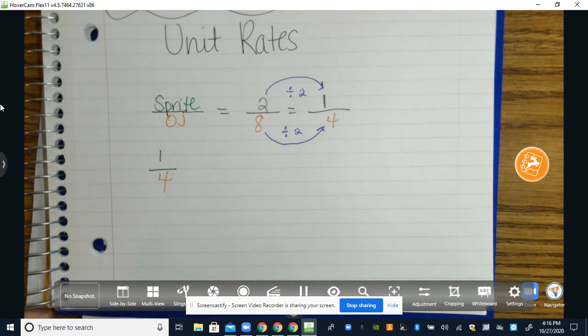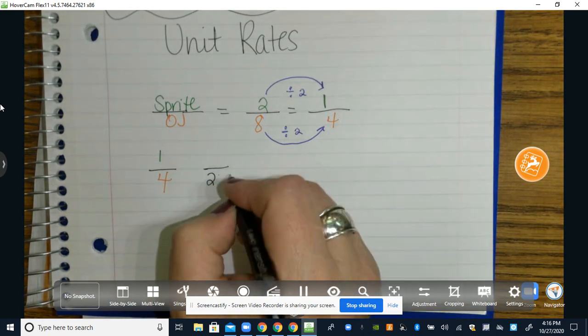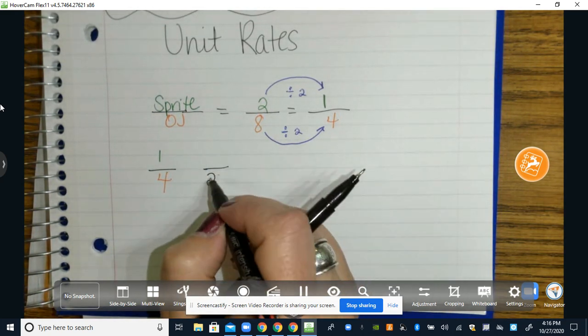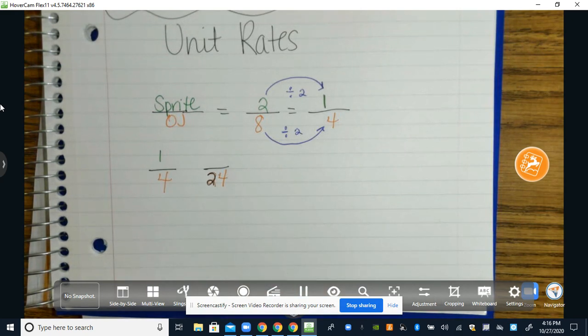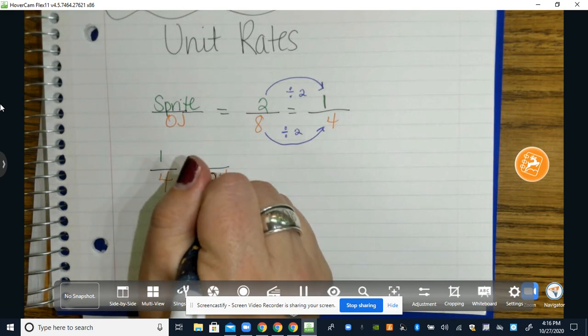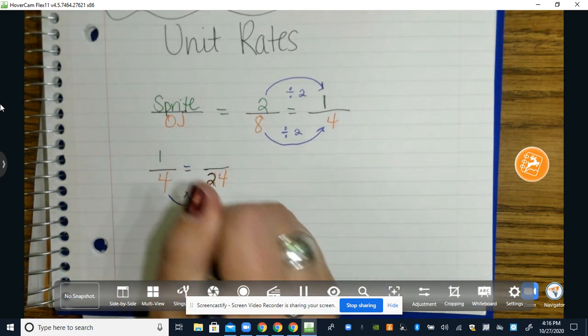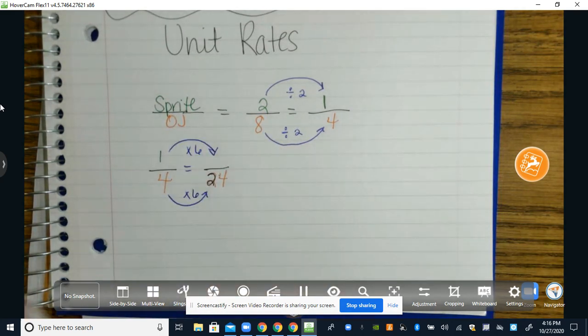And I need to get to 24 jugs of orange juice. All right. How can I go from 4 to 24? Multiplied by 6. What I do to the bottom, I must do to the top.